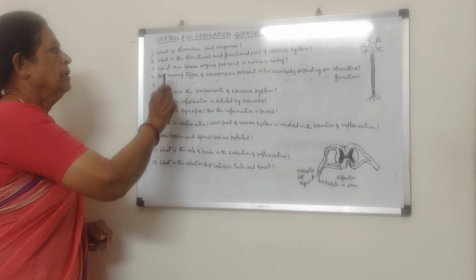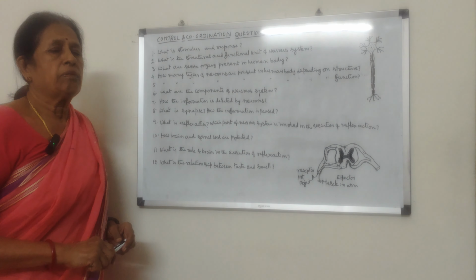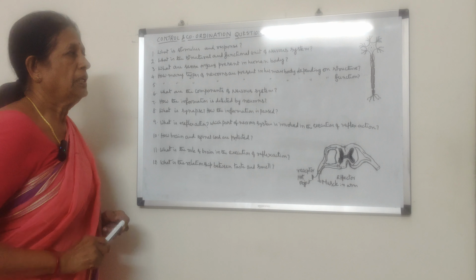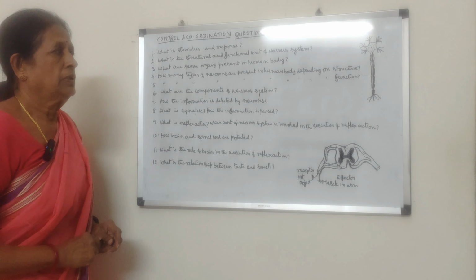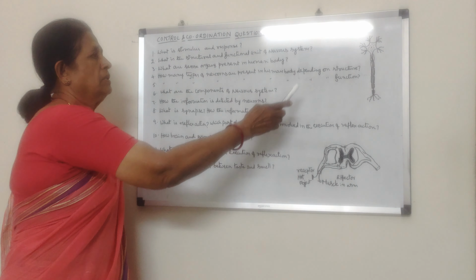Next, what is the structural and functional unit of the nervous system? The structural and functional unit of the nervous system is the neuron or nerve cell. So what are the parts?